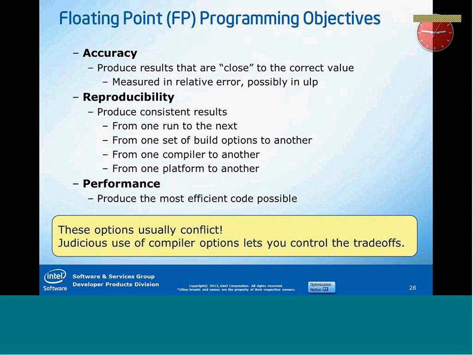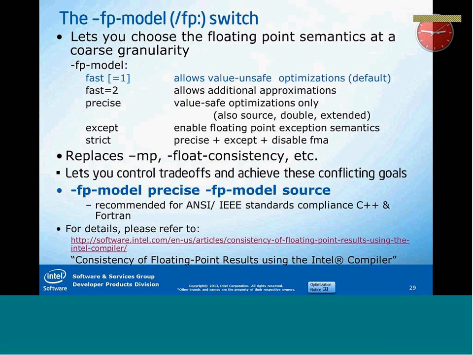So this conflict is a trade-off, right? It's conflicting objectives, but you can come close to achieving them by using what I highlighted: floating point model, precise and source. I'm not going to go through the details, but please refer to this beautiful white paper written by a couple of my colleagues, which explains how you can go about achieving these goals.